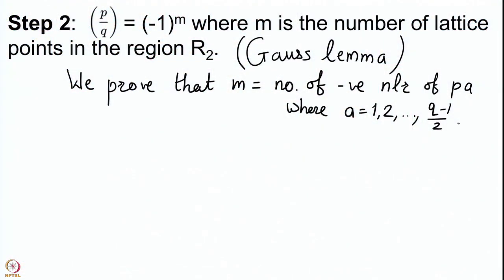These are the numbers that we look at, take their numerically least residues modulo q, and see how many of these are negative. So, numerically least residues are the residues from -q/2 to q/2, and this is why we had a -q/2 in the equation for the region R2.